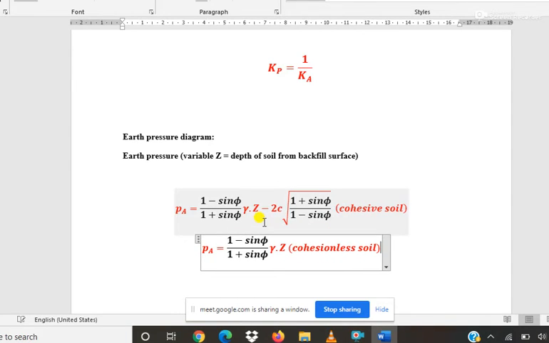In both the cases, I have just replaced H with Z. Z is the depth of soil from the backfill surface.